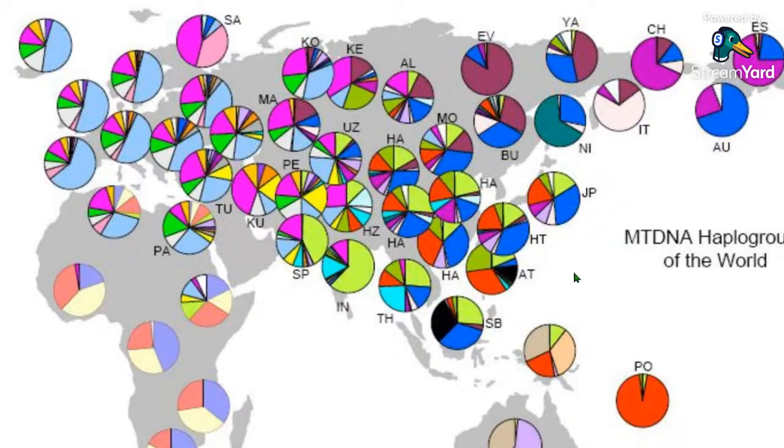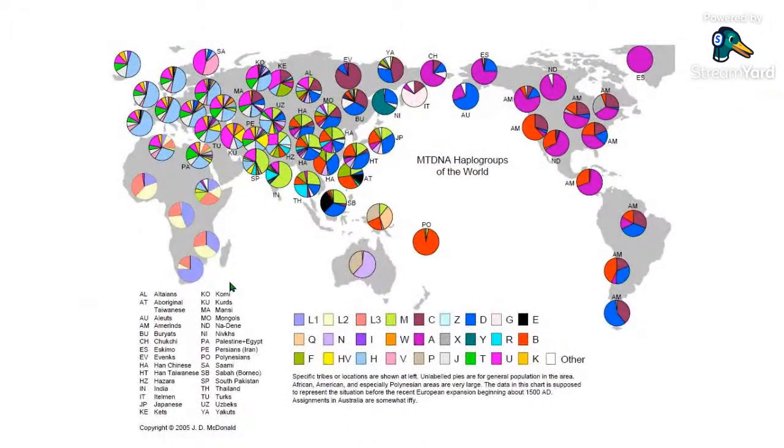So I'm looking at this. I didn't see any paternal Y chromosome from the Philippines, right? What's HT? HT is Han Taiwanese. AT is Aborigine Taiwanese. Anyways, I'm looking in the Y chromosome.